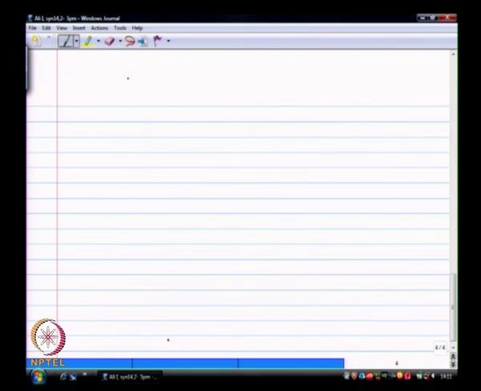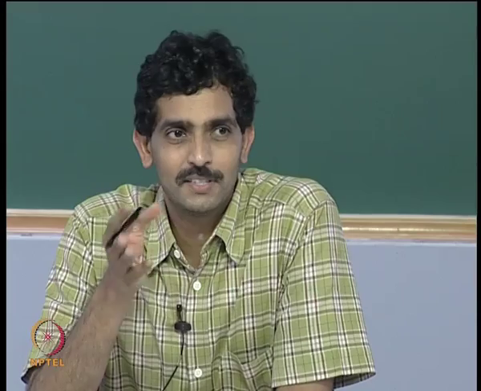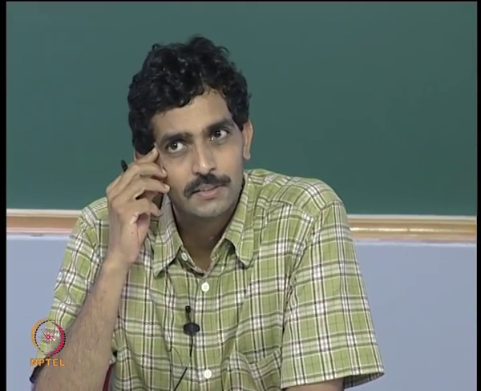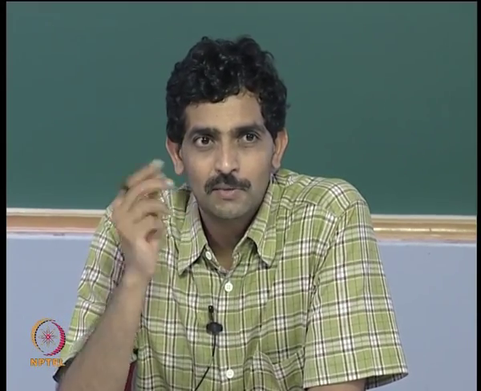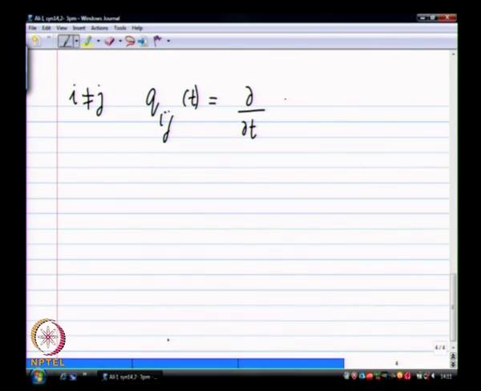Okay. So in the case of discrete system we talked about transition probability, so that made sense, right. But in the case of a continuous time space, we actually would like to look at the rates, the transition rates of going from one state to another state. So the rate is simply defined as the differential, right. So we define for i not equal to j, right.